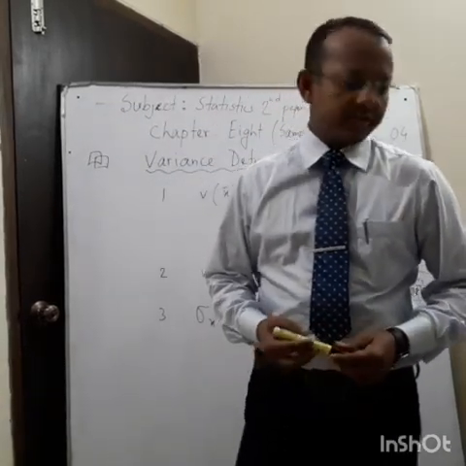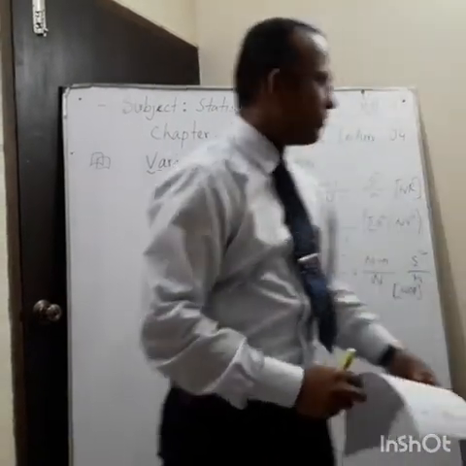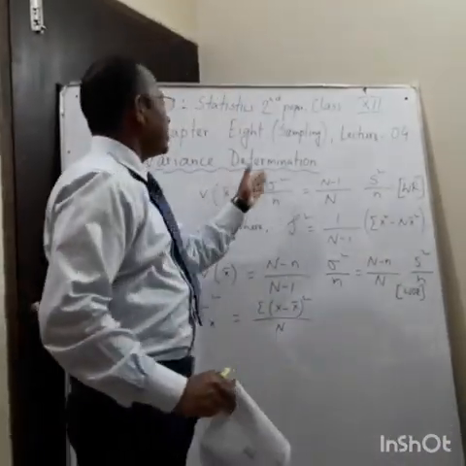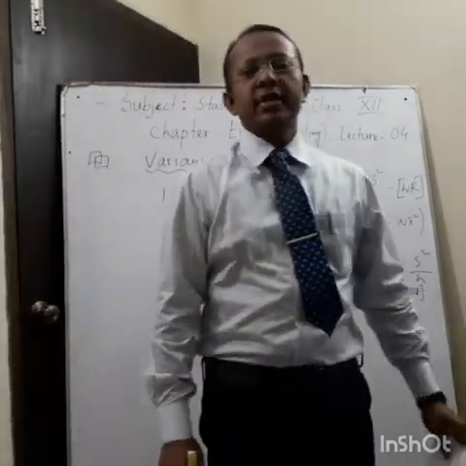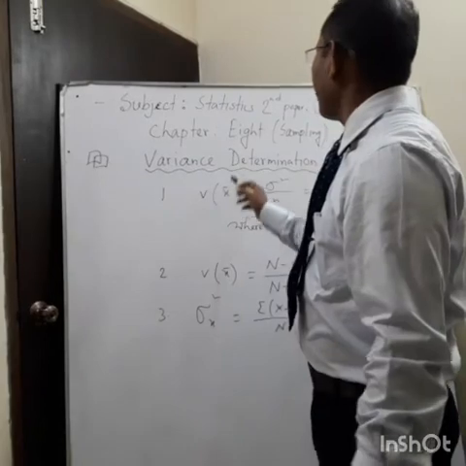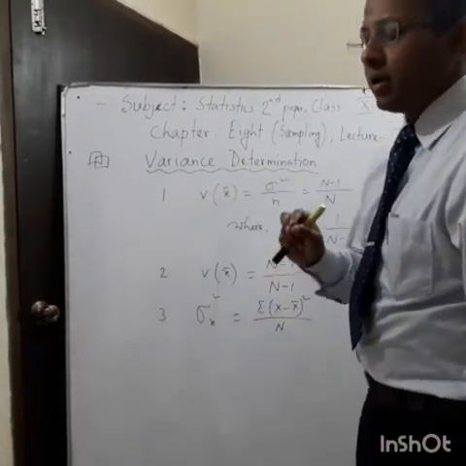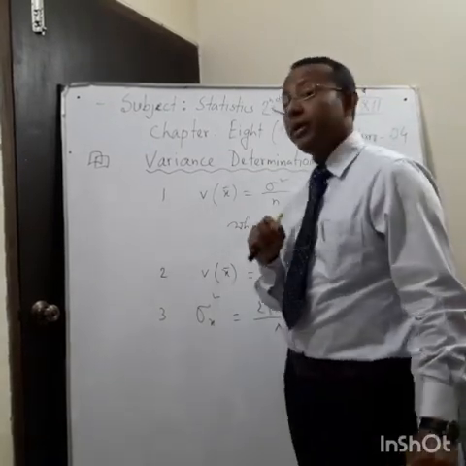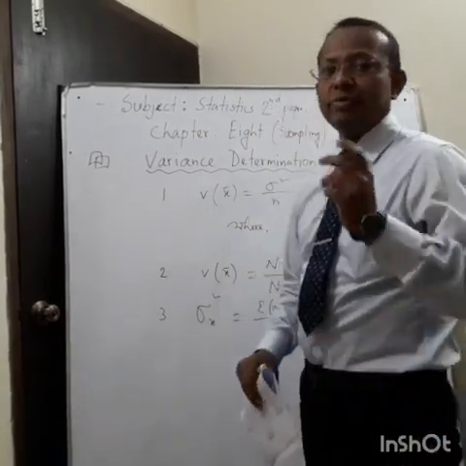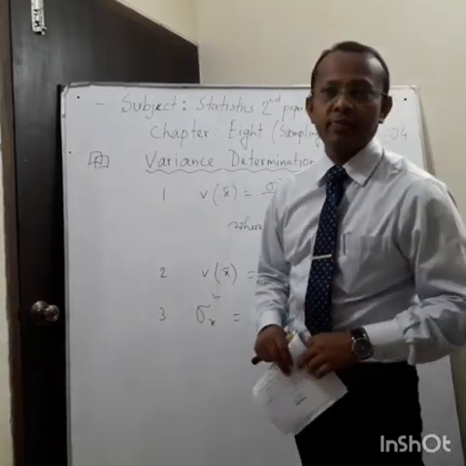Dear students, today we are going to discuss the variance determination of sampling. Simply, the variance of a variable x is normally denoted by Var(x), and more specifically it is also denoted by sigma square x.